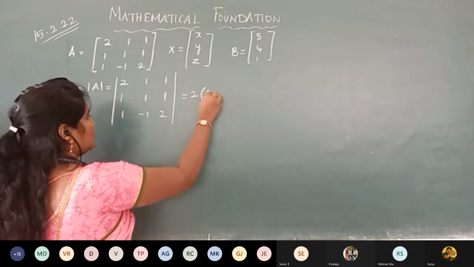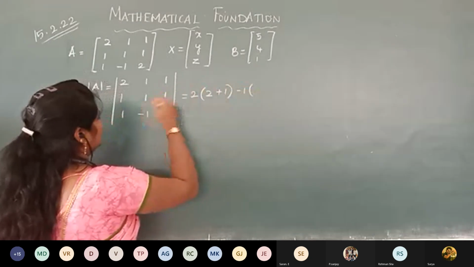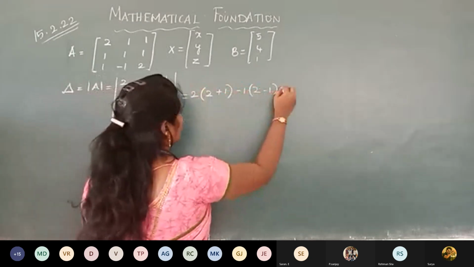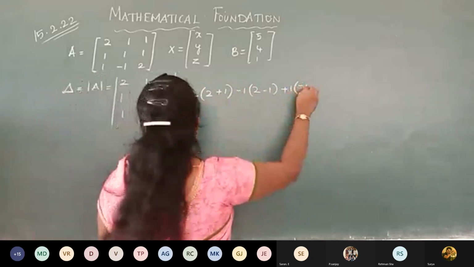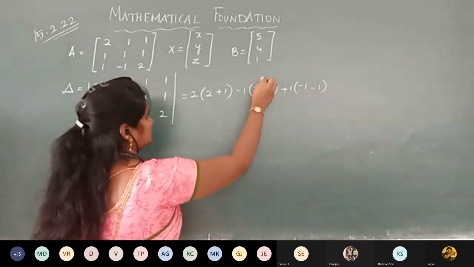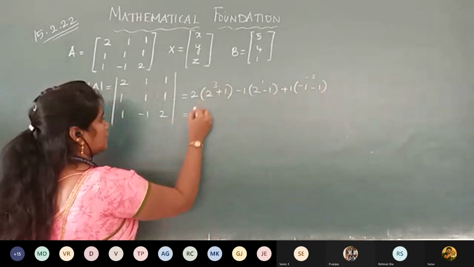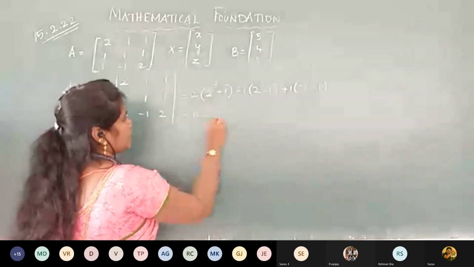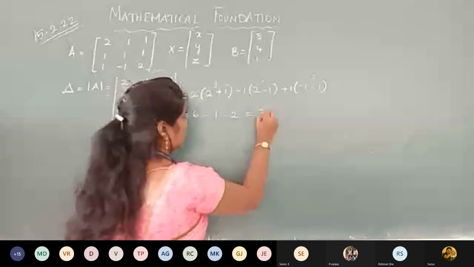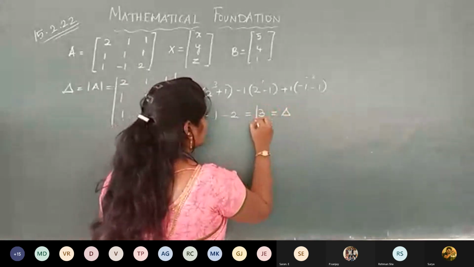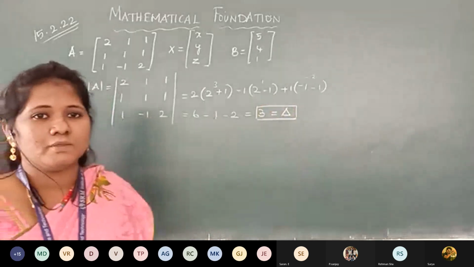Multiply 2 into 2 plus 1, minus 1 into 2 minus 1, plus 1 into minus 1. So you'll have 3, 6 minus 1 minus 2. Are you getting delta is equal to 3?